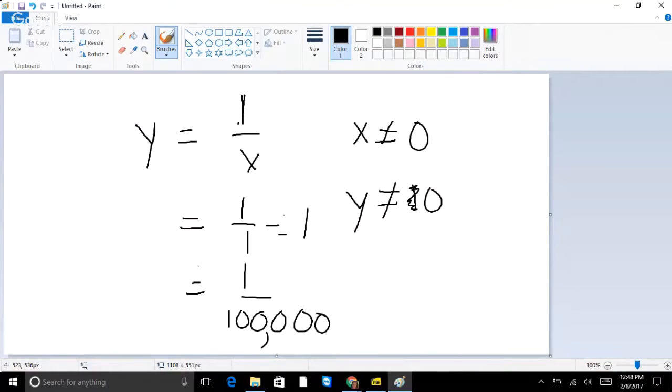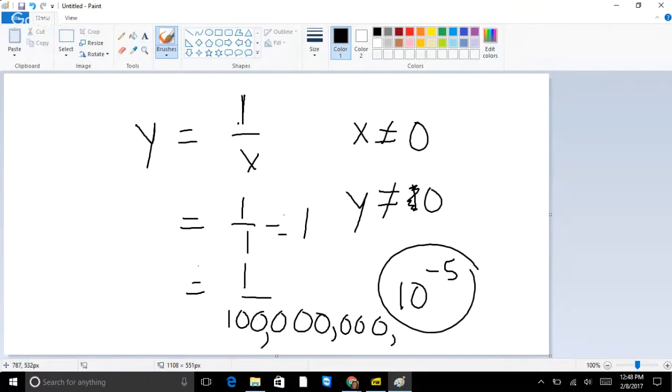It's a very, very small number, 10 to the negative 5th, but it's still a number. You can never make it big. You make your denominator big, and you still end up with a really, really tiny number.